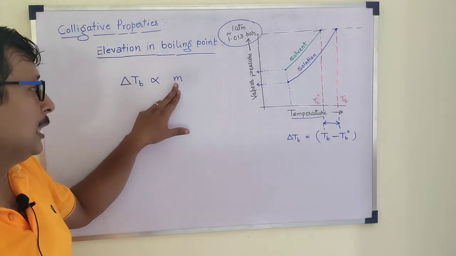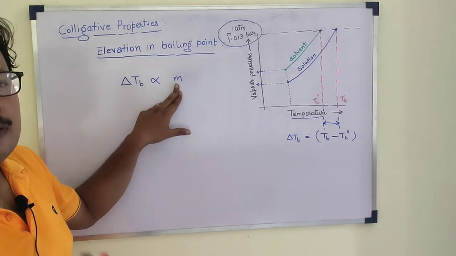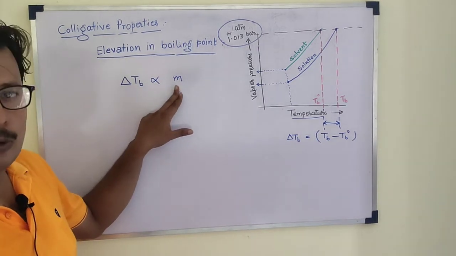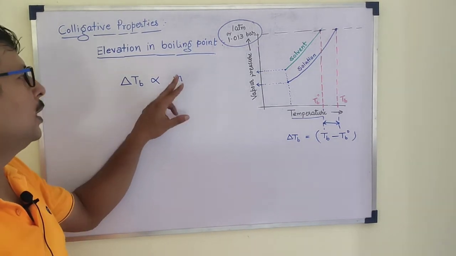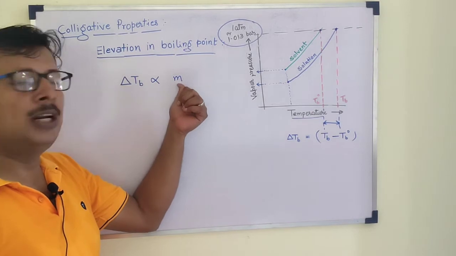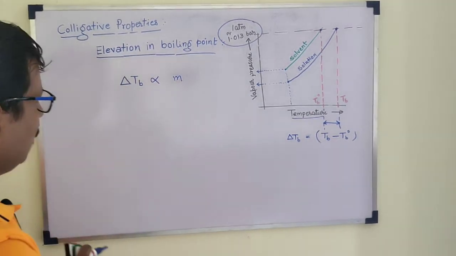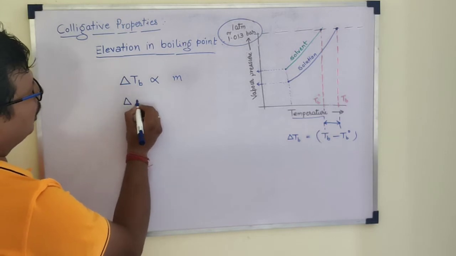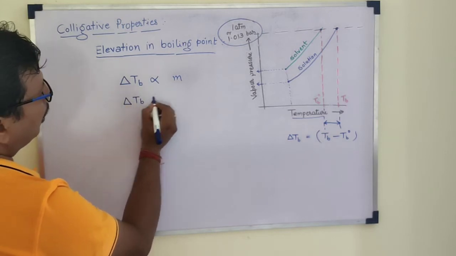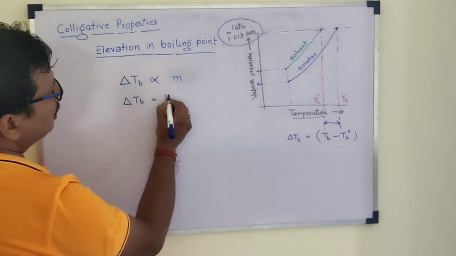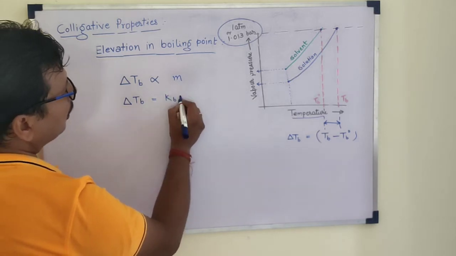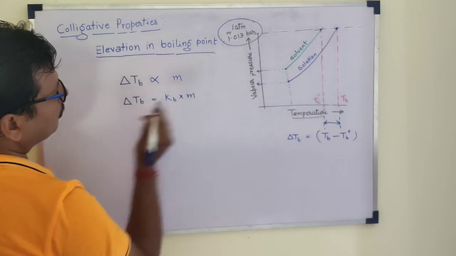What is this small m? Molality. Molality of the solution means how much solute is dissolved in a solution. If you remove this proportionality, you will get a constant that is represented by Kb, into molality.